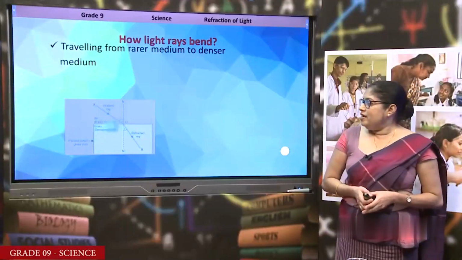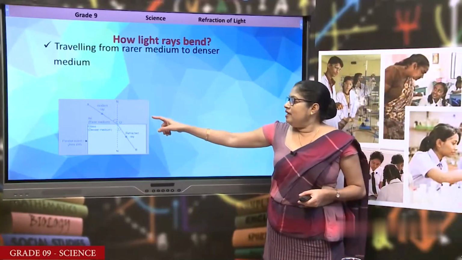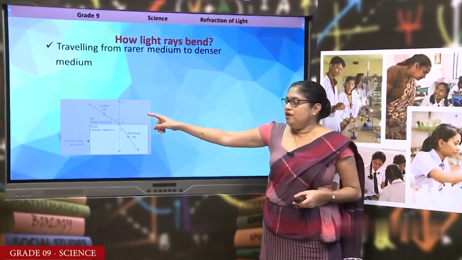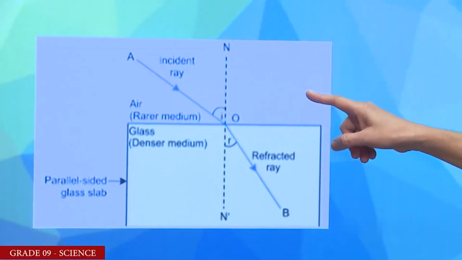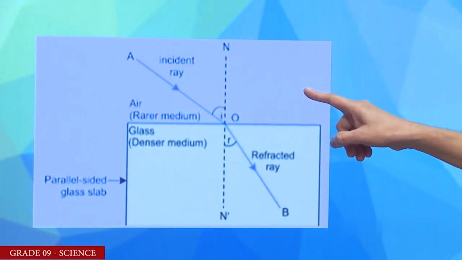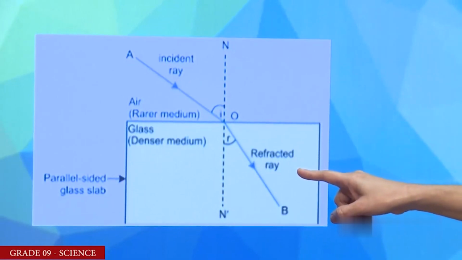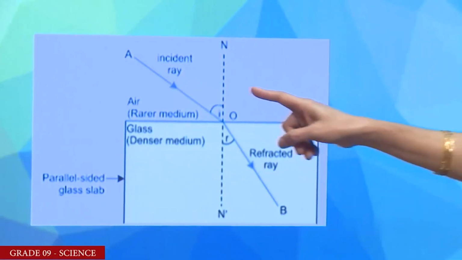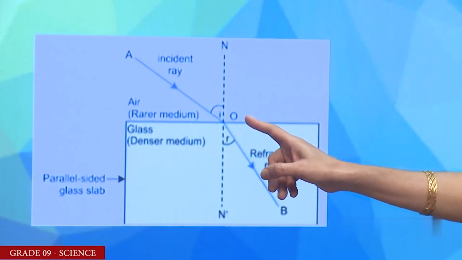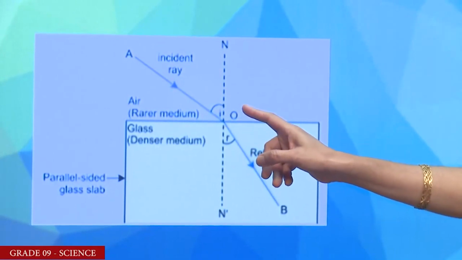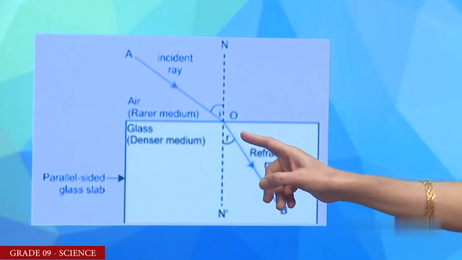Let us see how light rays are travelling from a rarer medium to a denser medium. This diagram shows how a light ray is travelling from a rarer medium to a denser medium. The rarer medium we used here is air and the denser medium is glass. You can see the light ray is coming from the rarer medium and it strikes the interface at the point of incidence.